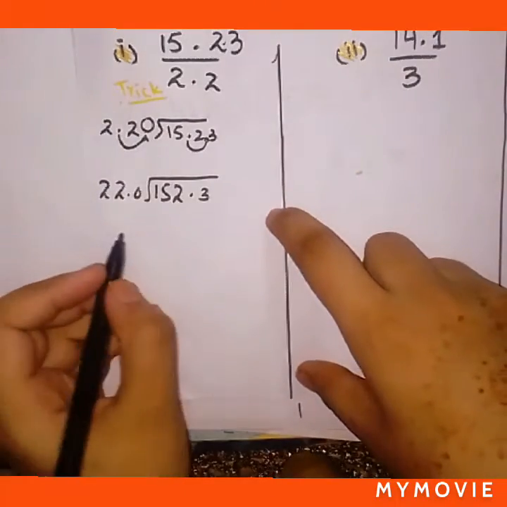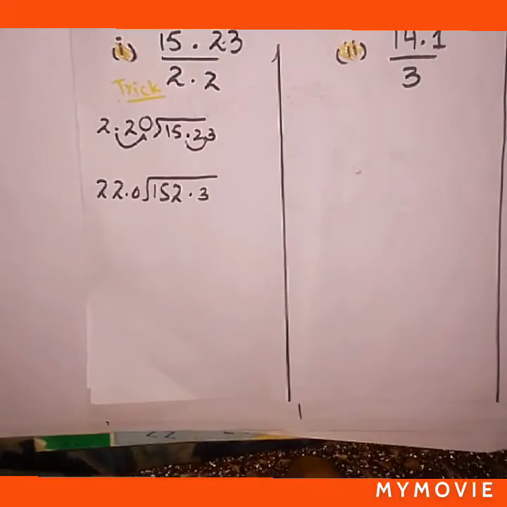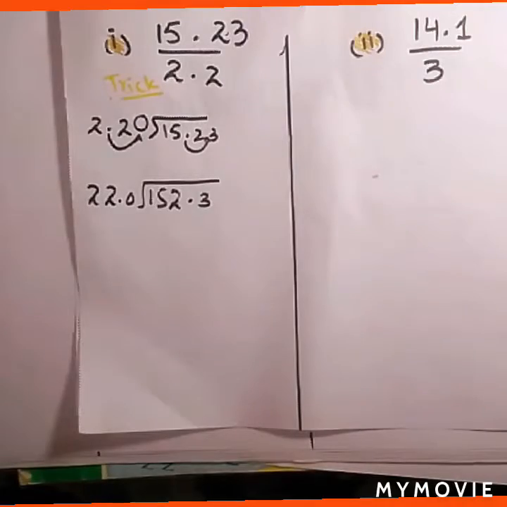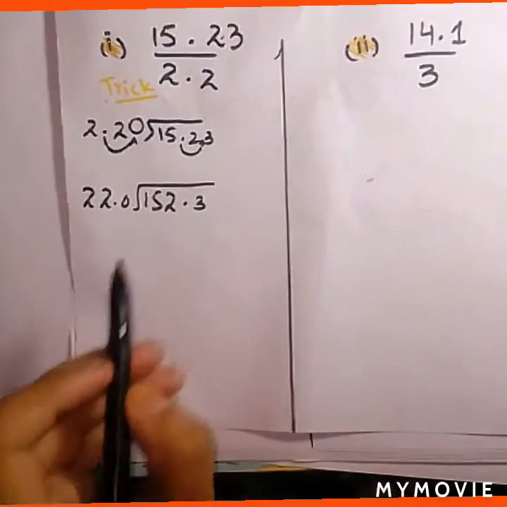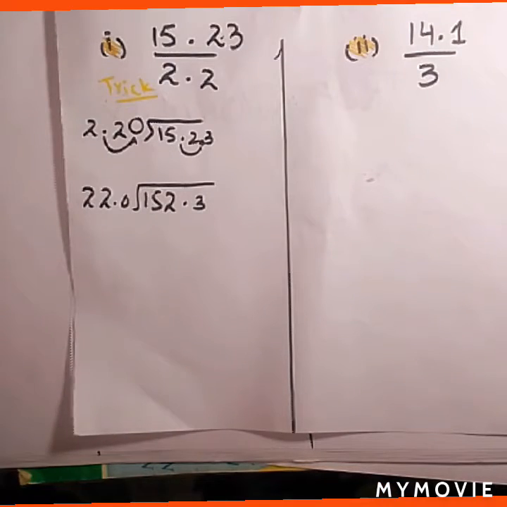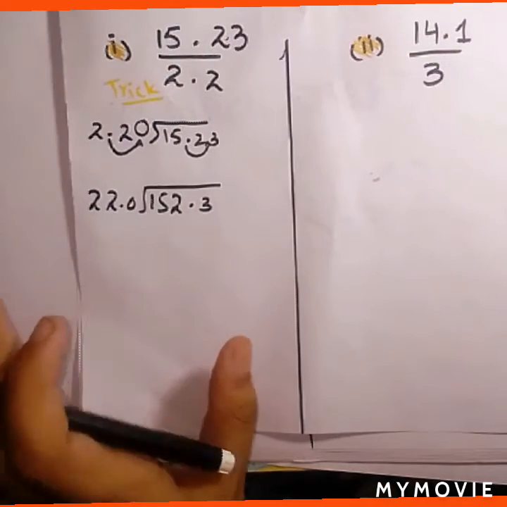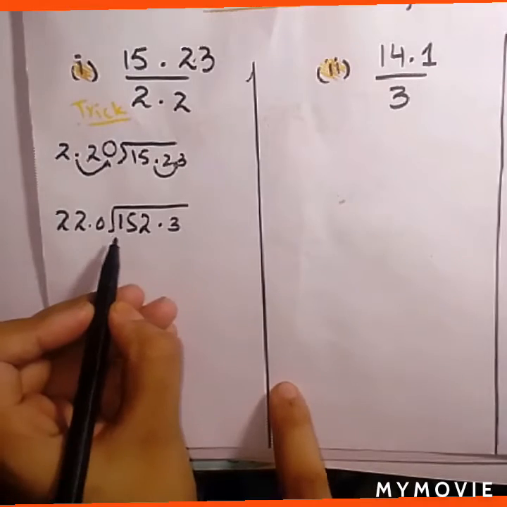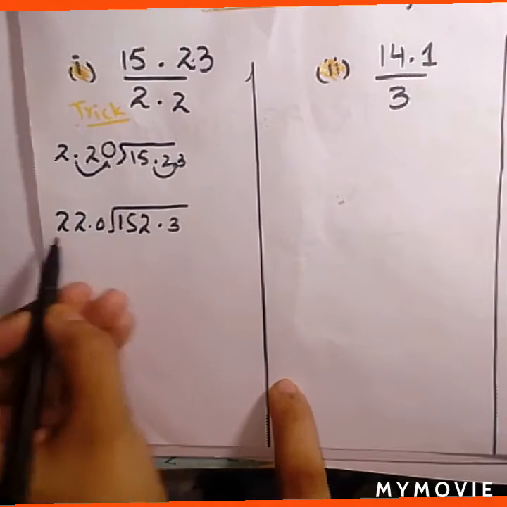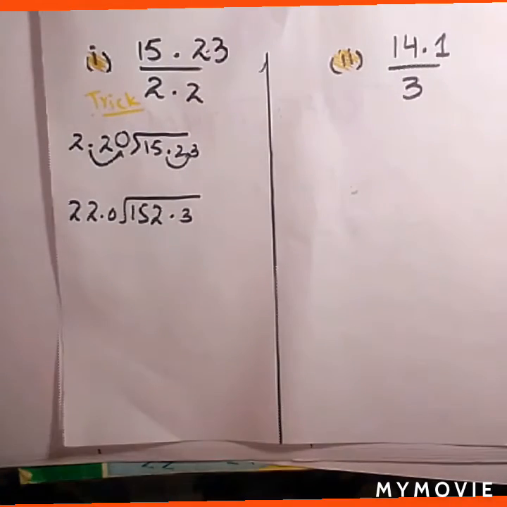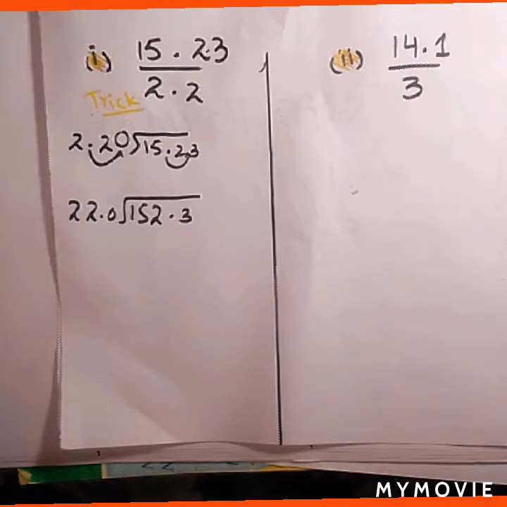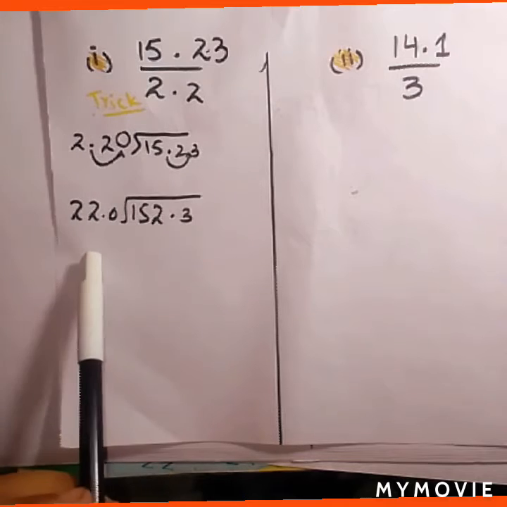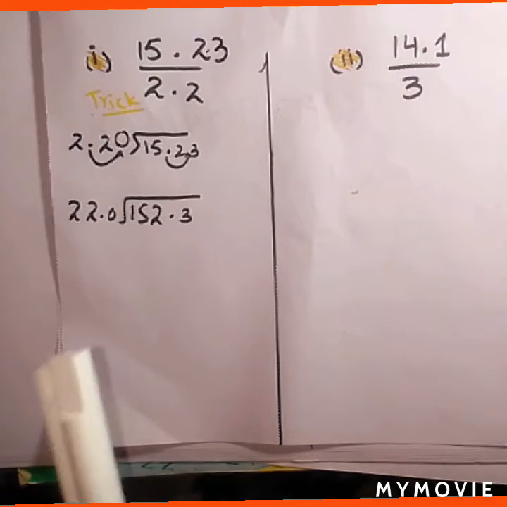Let's start now. In the divisor we have two numbers, so in the dividend we have to take two numbers at least. If we choose one number, we have to divide by one. As two numbers are less than the divisor, that's why I am choosing three numbers.